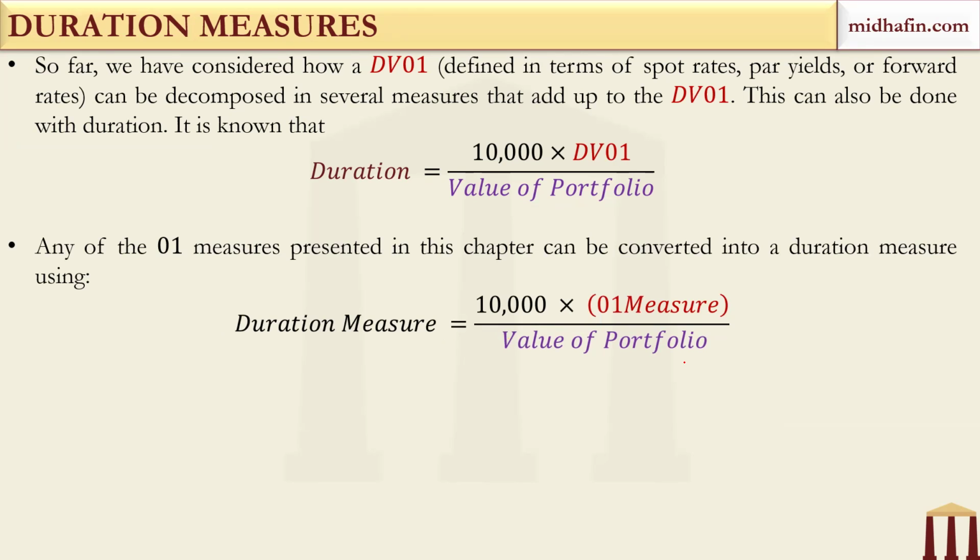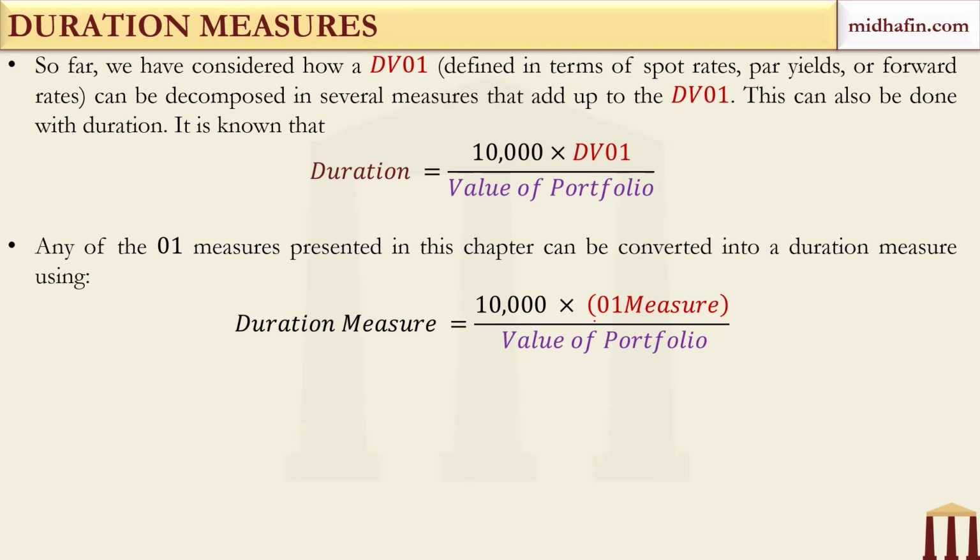Now the catch here is that DVO1 accounts for all the rates. But if I say a partial O1 measure, the first KRO1, it's only a part. I'm not considering the second and third. So what you end up calculating here is a partial duration. In order to get the actual duration of the bond, you will have to use this formula for all the KRO1s.